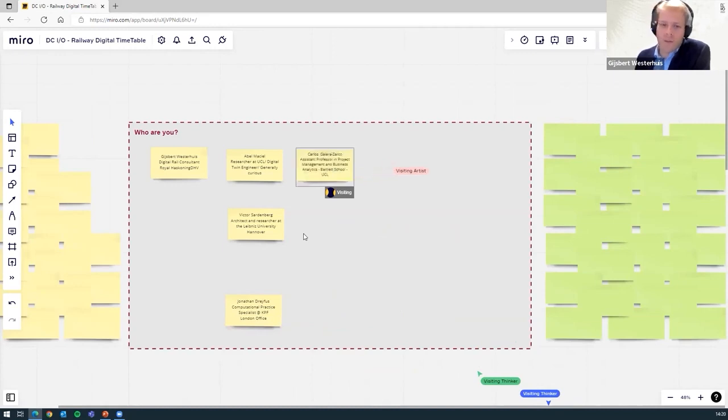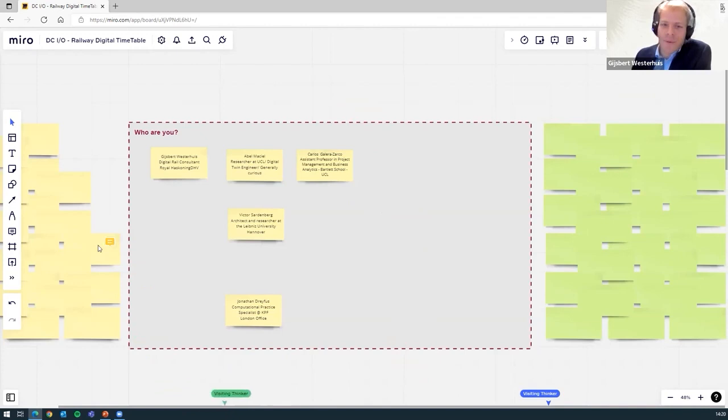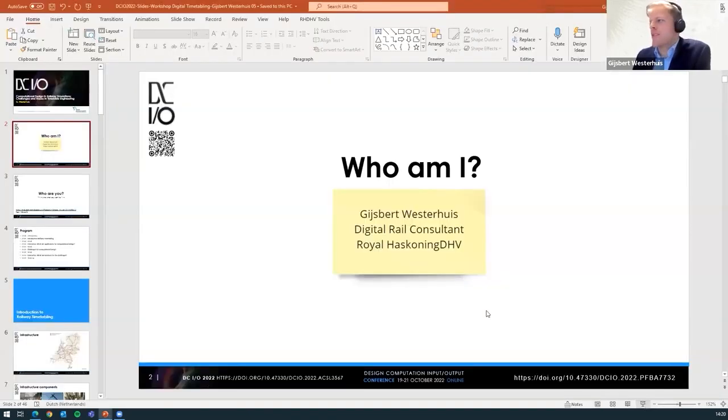Does it work out also for you, Ian? All right, there is some comment from Ian. You can just move the post-it towards and fill in, but you can also just fill in the chat. That's also right. Let's go back to the presentation.